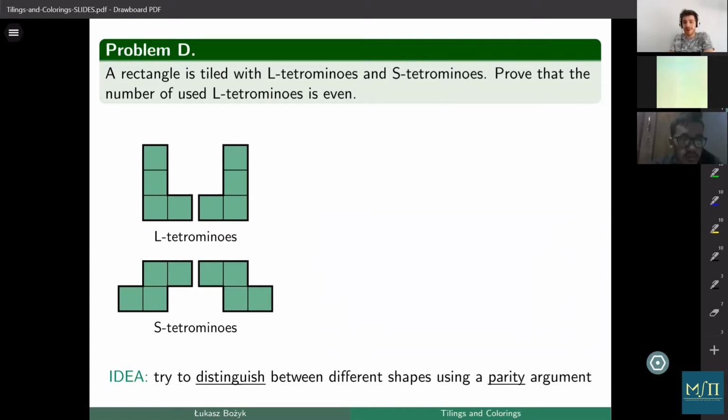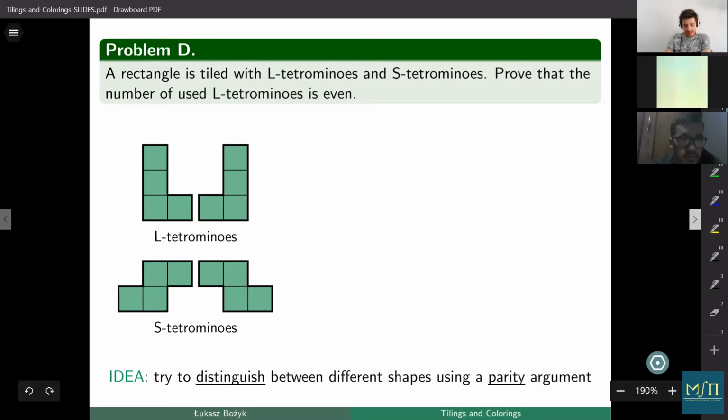Okay, so to sum up, not only counting cells of particular colors is helpful and important. Also, this parity counting, so counting modulo 2, can make the desired conclusions follow.